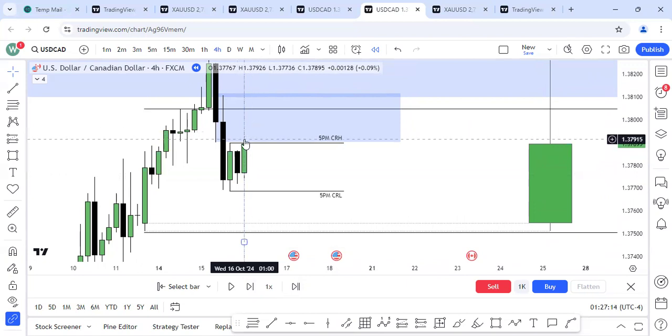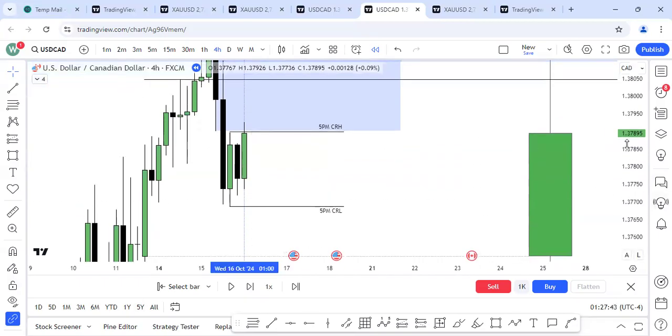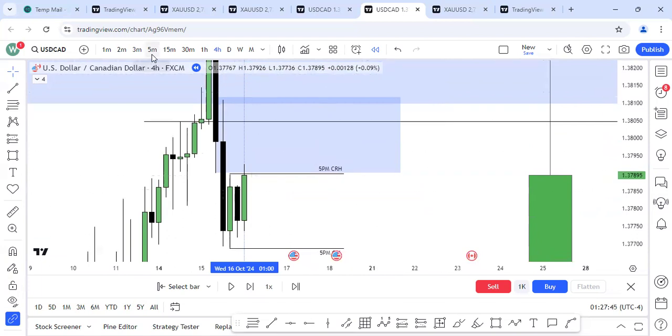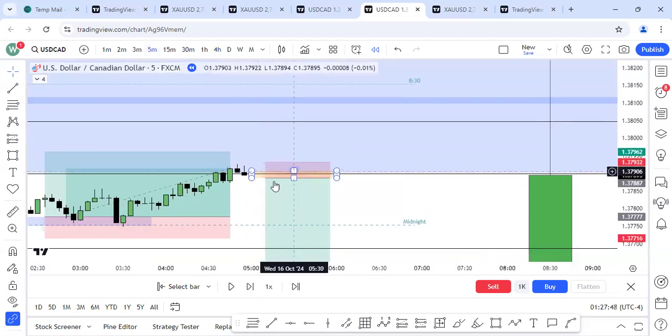We saw here price sweeping the 5 p.m. candle range high. Okay. Price sweeping the candle range high. This is the 1 a.m. 4 hour candle. After that, we can switch to a low time frame.